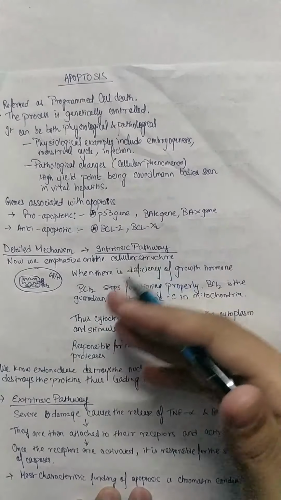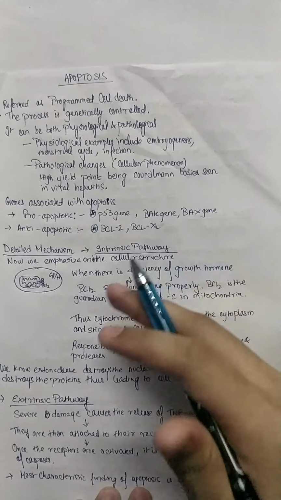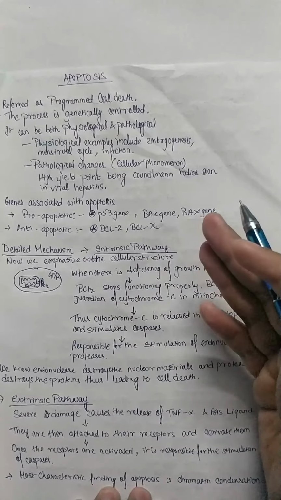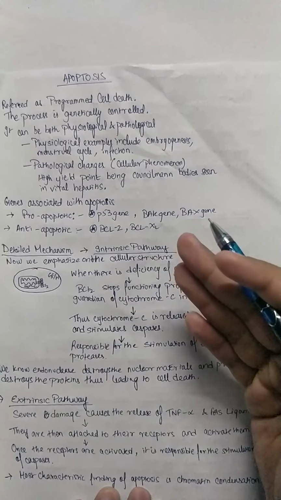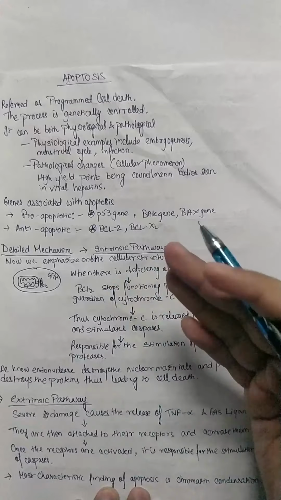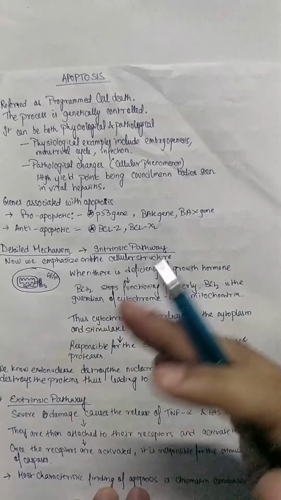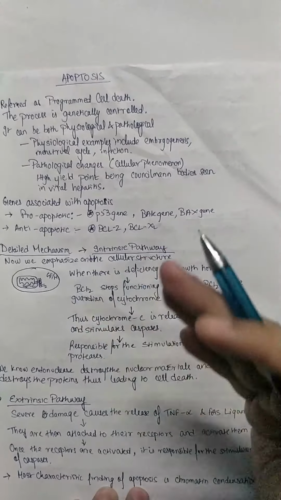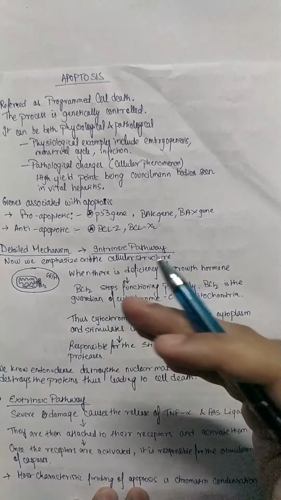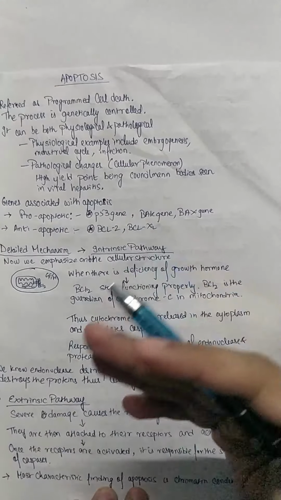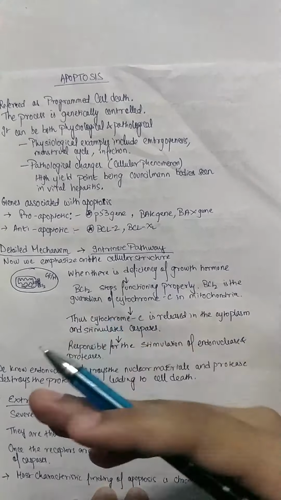So talking about the intrinsic pathway, we emphasize the cellular structure first. In the cell, you have the mitochondria, and the mitochondria has cytochrome C inside it. Now the cytochrome C has to stay inside the mitochondria. If the cytochrome C goes out of the mitochondria into the cytoplasm, it can promote apoptosis.